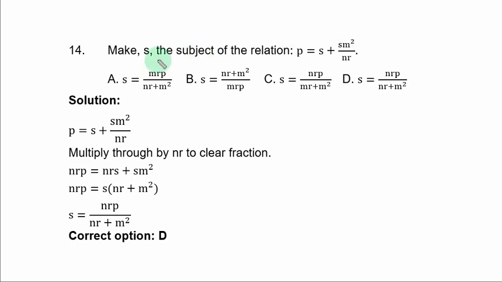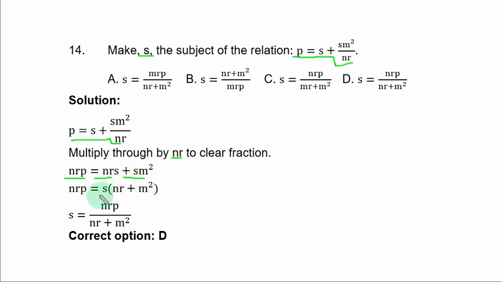Question 14. Make S the subject of the relation P equal to S plus SM squared over N arrow. Solution. To do this, you clear the fraction by multiplying through by N arrow. If you do that, the left hand side becomes N arrow P equal to N arrow S plus SM squared.